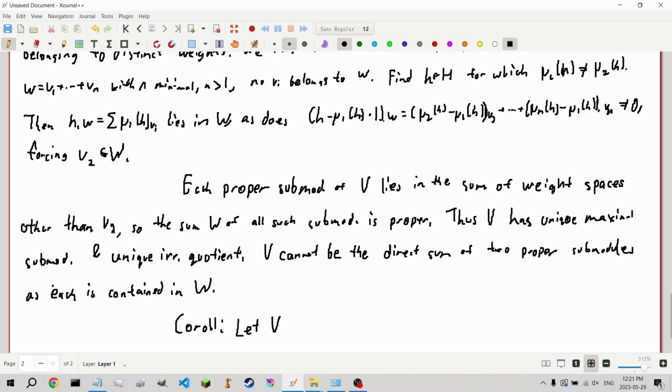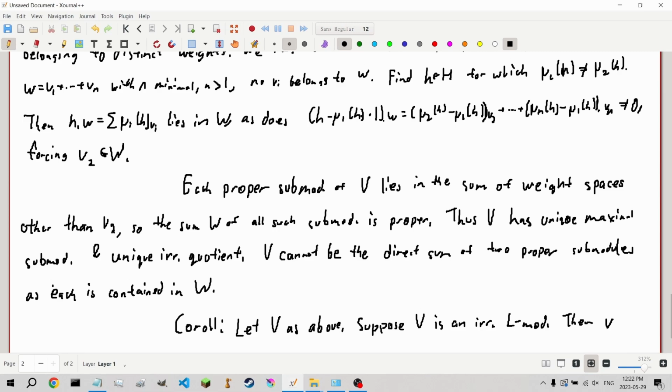Let V be as above, and suppose further V is an irreducible L module.